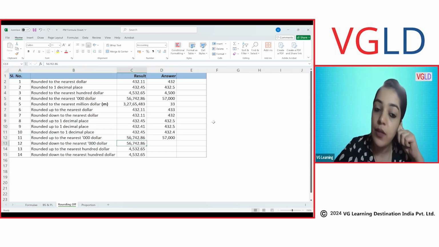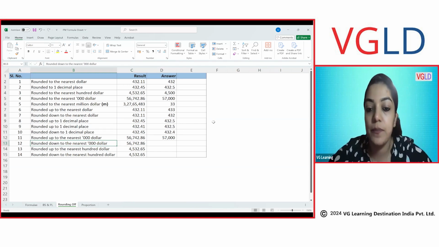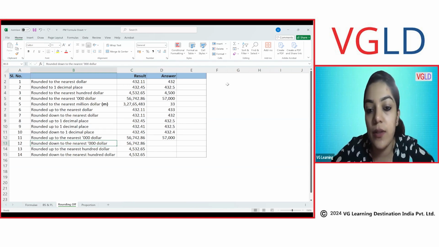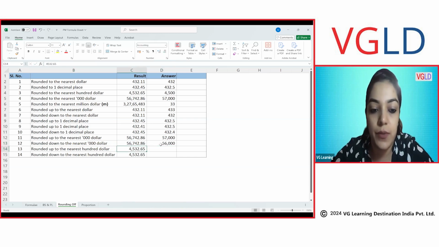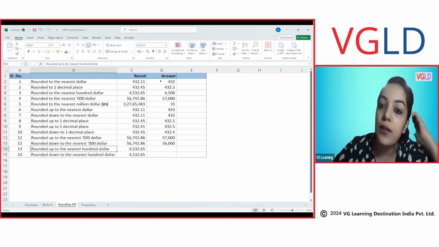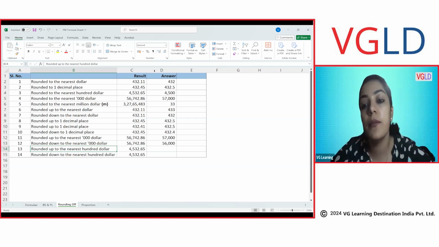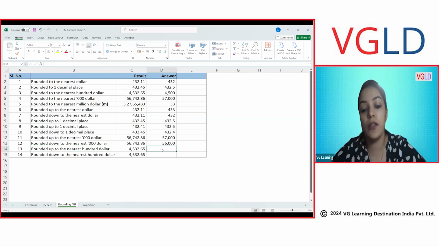Coming to question number 12 now. Rounded down to the nearest $1,000. Absolutely right. 56,000. Rounded up to the nearest $100. Very good.